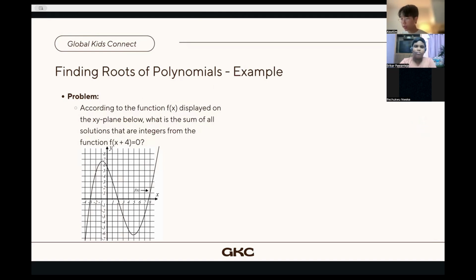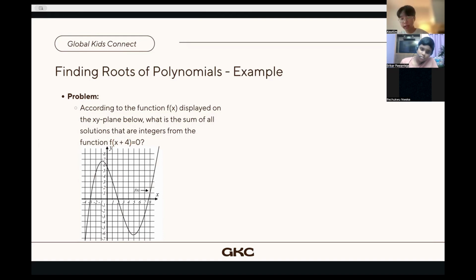And so the problem states, according to the function f of x displayed on the xy plane below, what is the sum of all solutions that are integers from the function f of x plus 4 equals 0? And so this time, we also shifted f of x using a numerical value, but this time it's inside the parentheses of f of x.